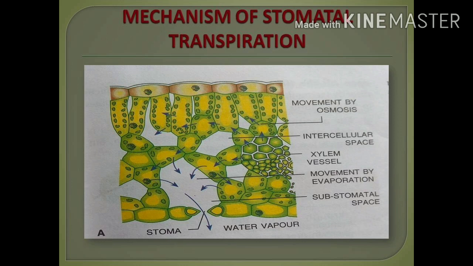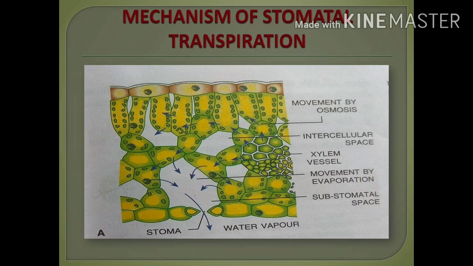The entire movement of water vapor from the surface of the cell into the outside atmosphere is a result of diffusion. The molecules of water vapor, like those of any gas, move from the region of their higher concentration to the region of their lower concentration.